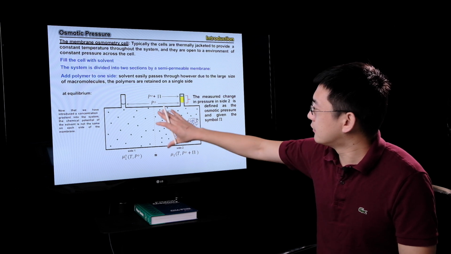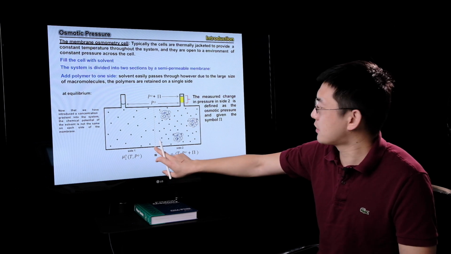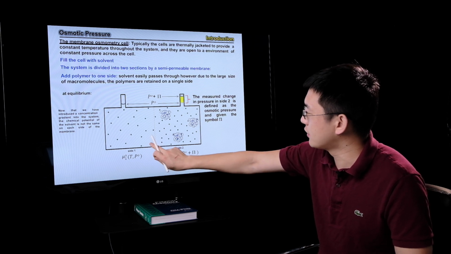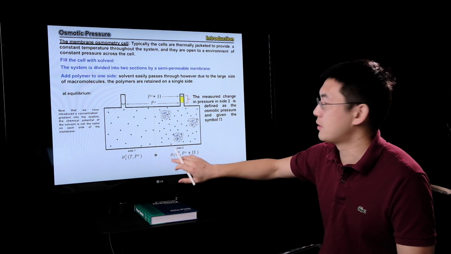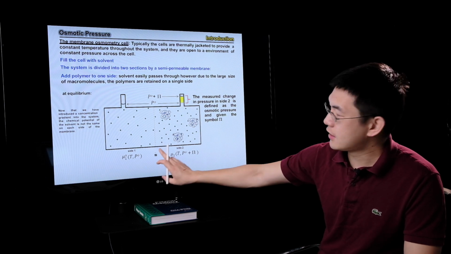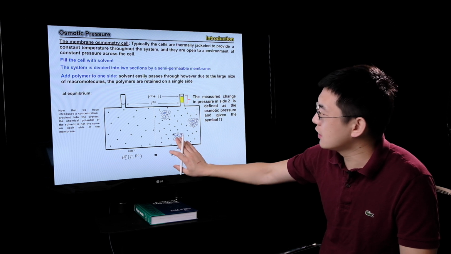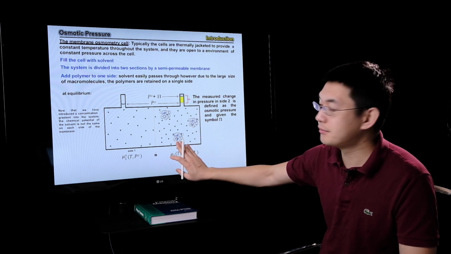If you somehow can put in a polymer membrane, the specific thing about this membrane is that you can let the solvent go through freely, but not the polymer. So if we put a barrier here that allows the polymer to stay on the right, then we would be able to see an interesting phenomenon.